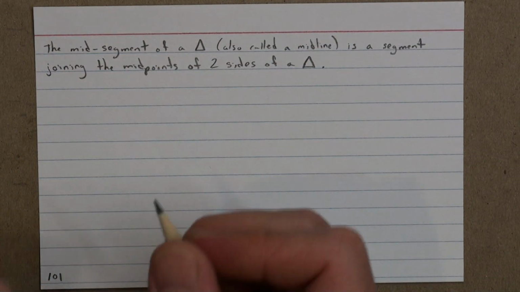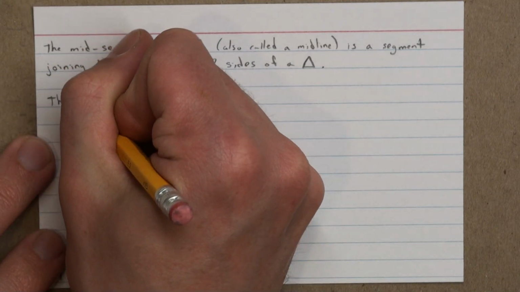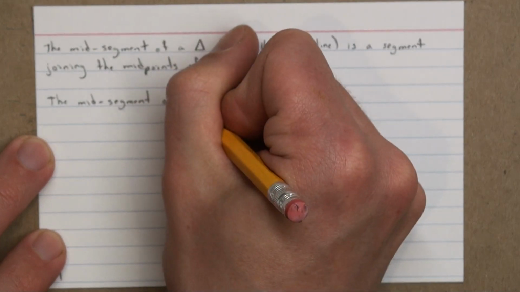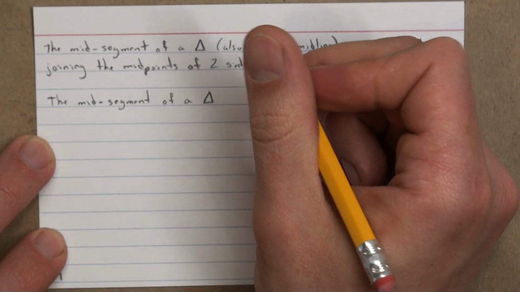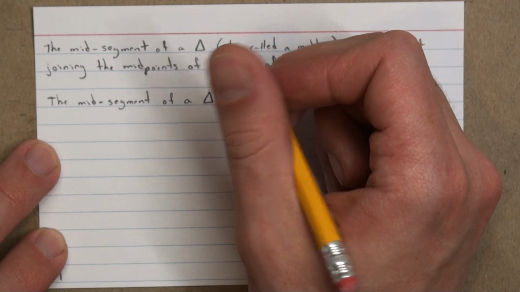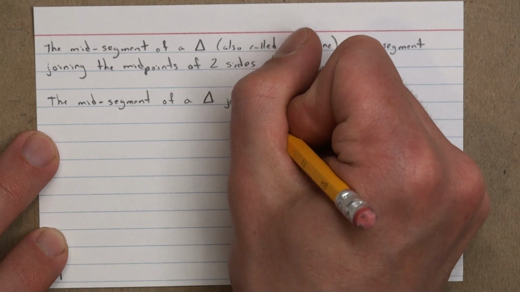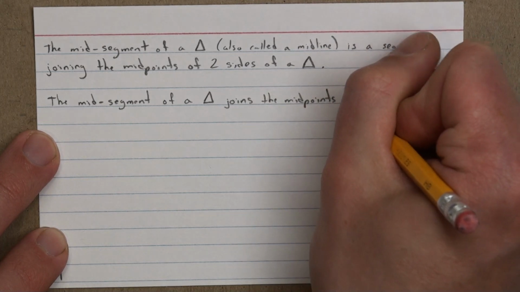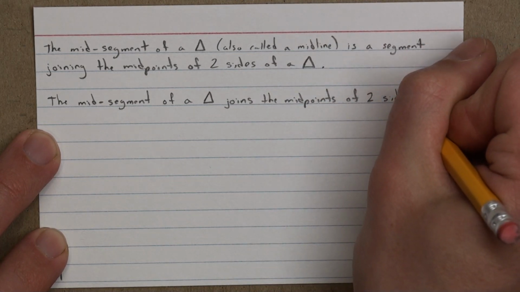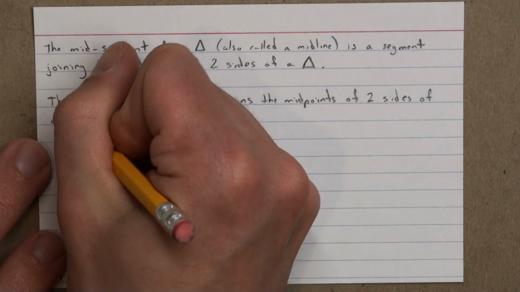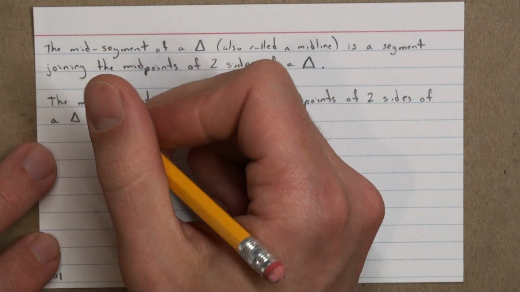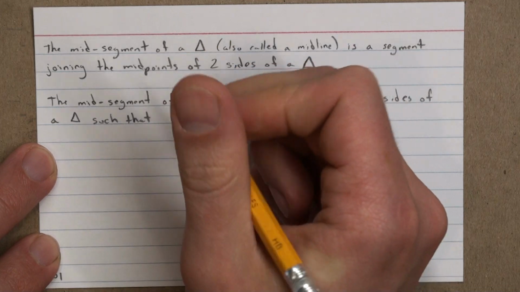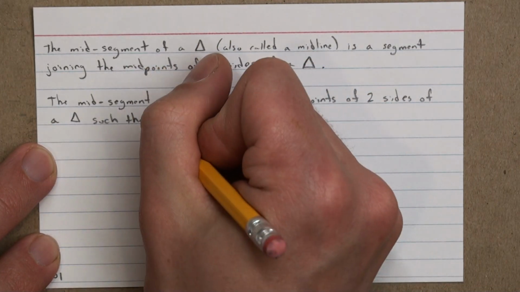Okay, the mid-segment of a triangle joins the midpoints of two sides of a triangle such that it is parallel to the third side of the triangle.